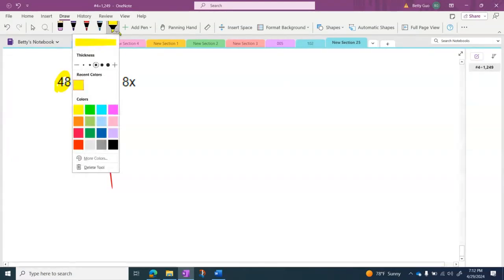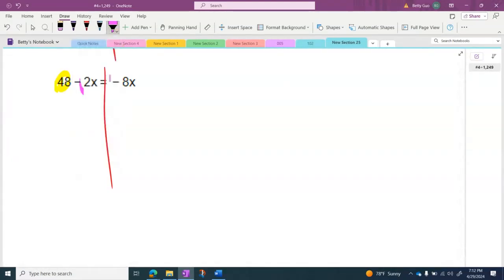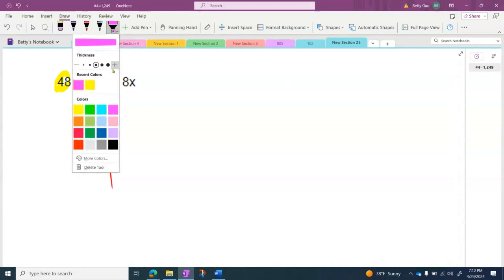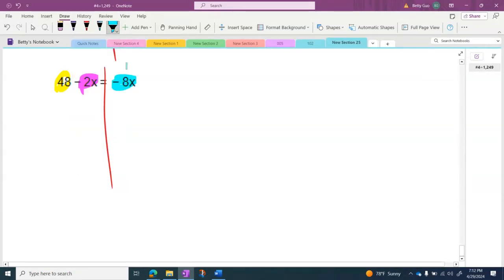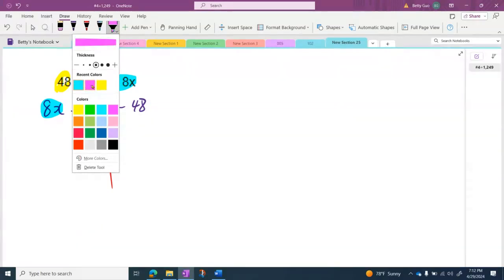This is yellow. This is pink. This is blue. What I am going to do is move the blue over to the left. Move the yellow over to the right. Let me color them again.